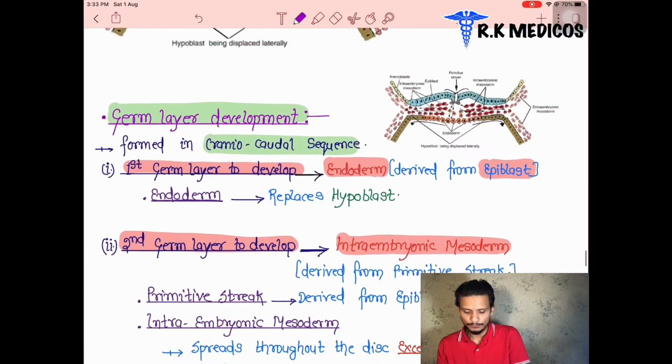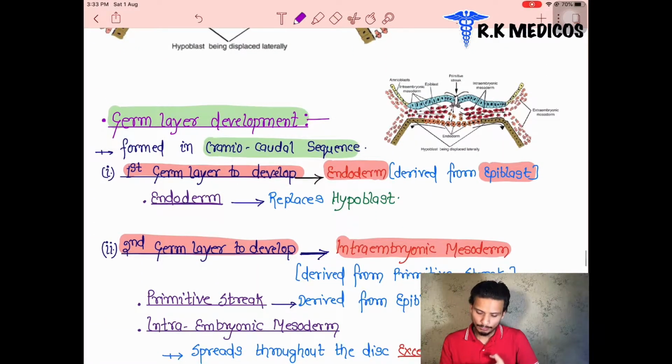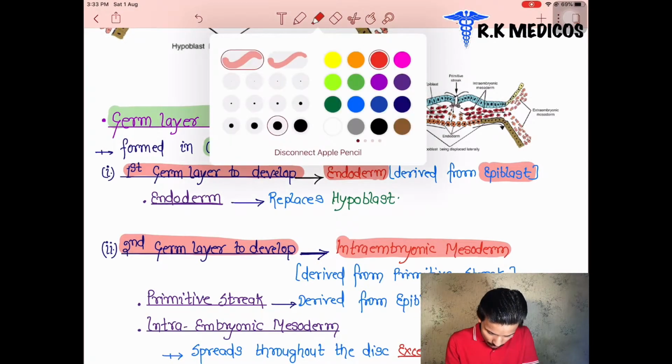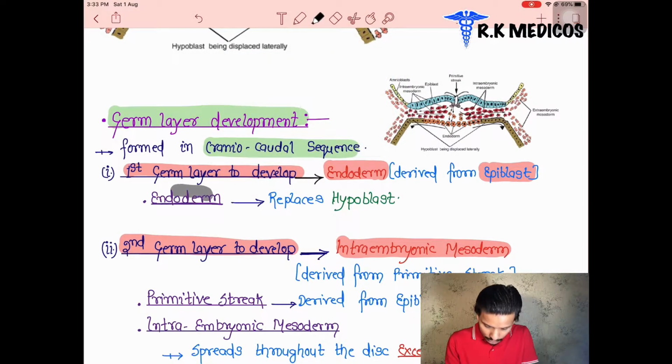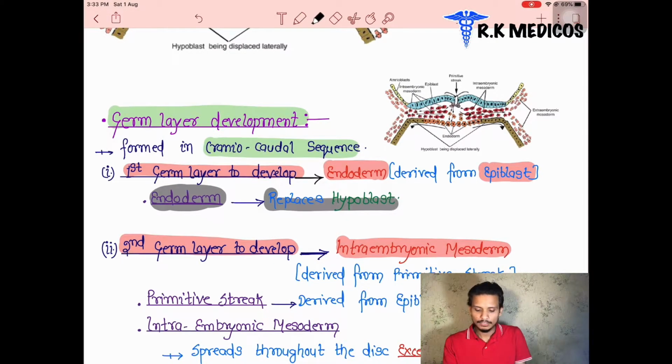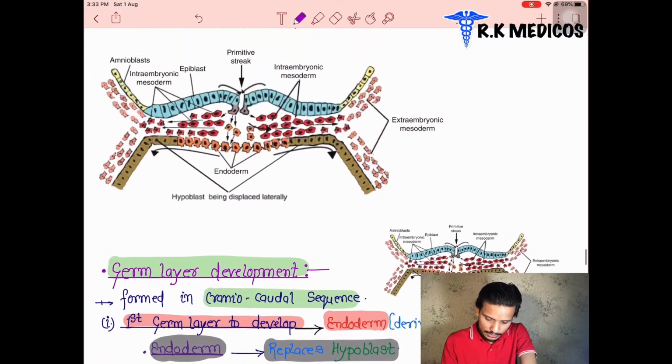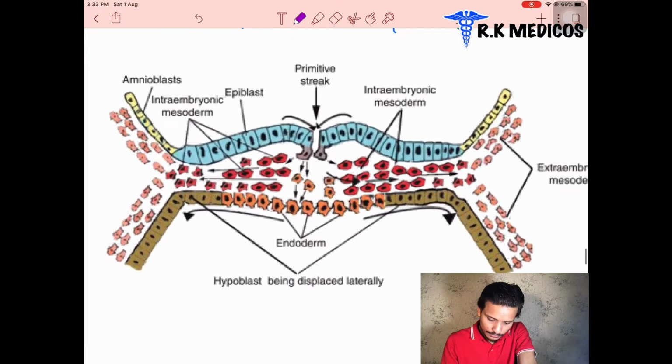Now you know the first germ layer is going to develop from the epiblast cells, the endoderm. And now you can imagine this endoderm germ layer is going to replace the hypoblast cells. So first we can see here, this is the primitive streak, and this is epiblast cells.